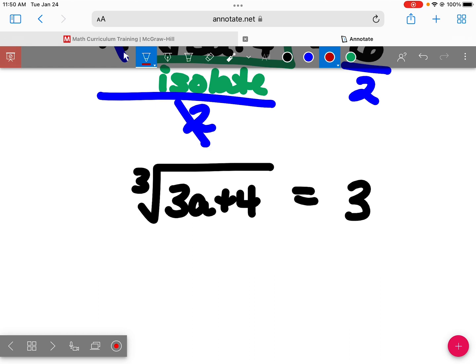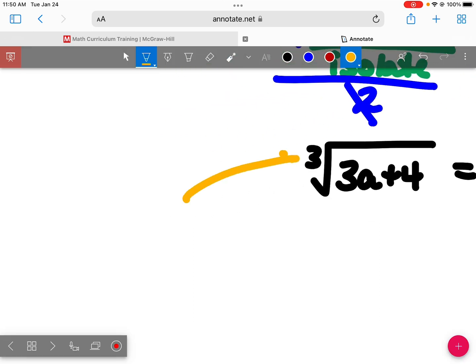Have I successfully isolated that radical now? Yes. How do I eliminate the radical? We're going to raise it to an exponent. What exponent do I want to choose? 3. Why 3? That is my index.